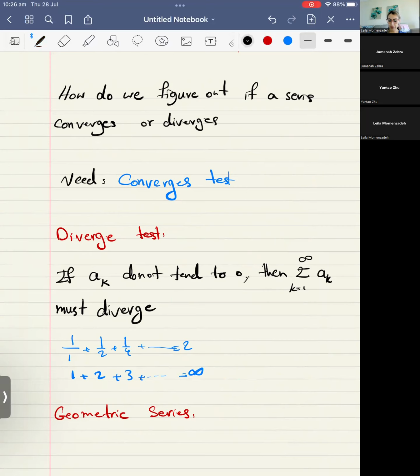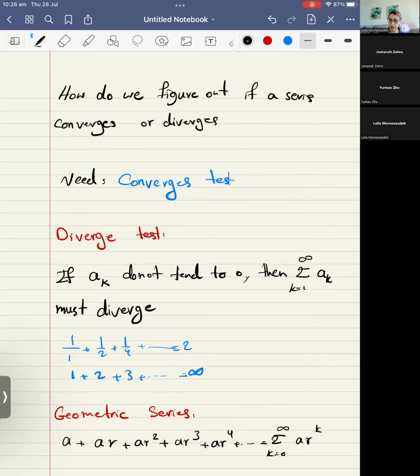Okay, geometric series. If I write a plus ar plus ar squared plus ar cubed plus ar to the 4th, it means the summation of k equals 0 of ar^k.